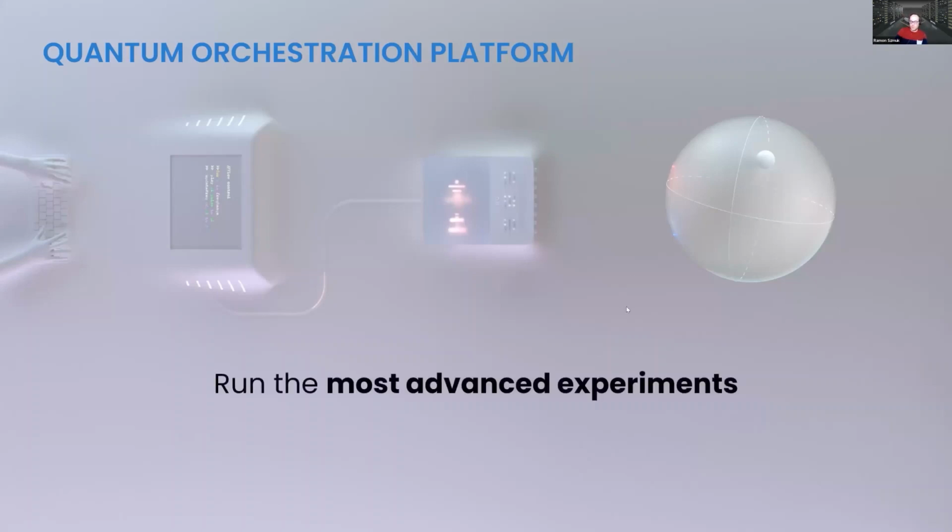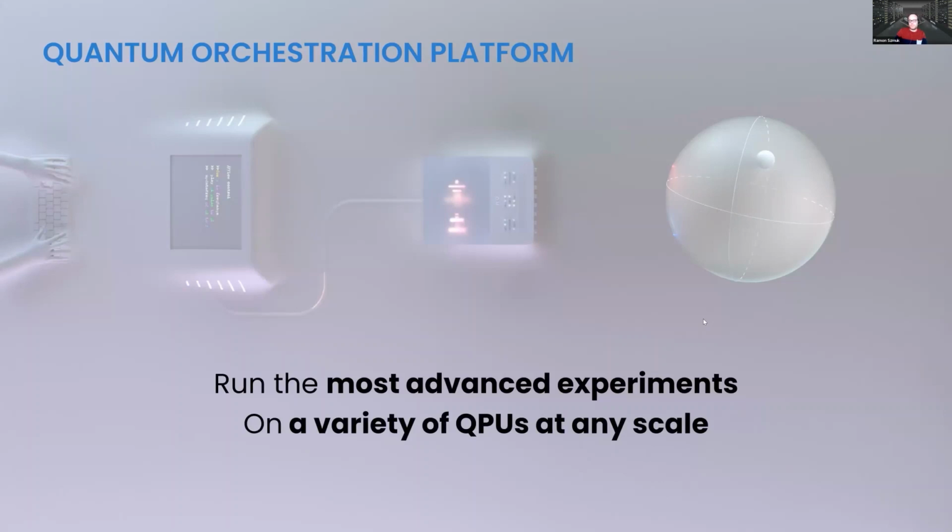The objective, first of all, is for you to be able to run even the most advanced experiments and protocols on a variety of QPUs at any scale. For Rydberg arrays, we are already supporting devices of many thousands of qubits. Not on a single box, you will need to buy a fuller system, but we can do it today.